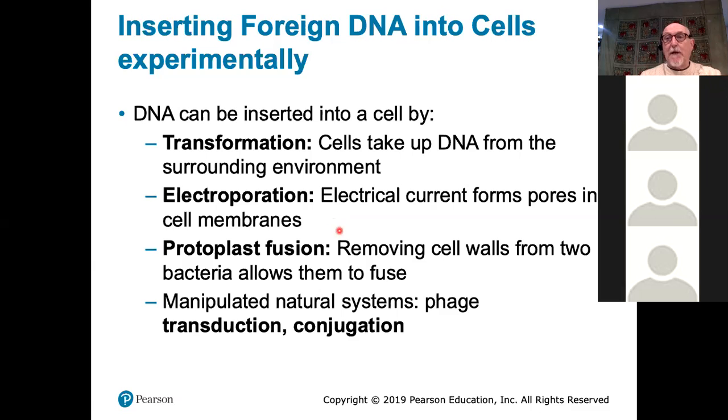This is called protoplast fusion. And then also we can take systems like the phage transduction systems. We can also use conjugation systems. We can use all of these ways of inserting DNA, which is of interest to us, into a cell which does not normally have it.